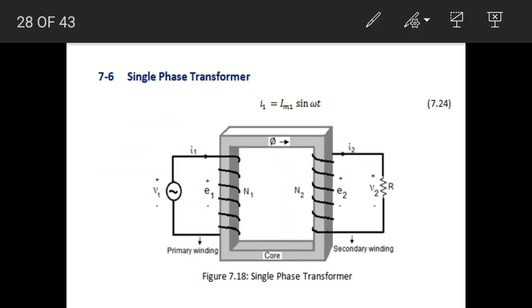We consider the single phase transformer. You see, here is the primary winding of the single phase transformer, and here is the secondary winding of the single phase transformer. This material is known as the core of the transformer.